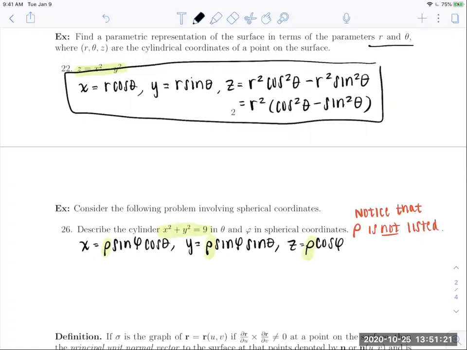All right. So first of all, what is x squared plus y squared? That is rho squared sine squared phi cosine squared theta plus rho squared sine squared phi sine squared theta.